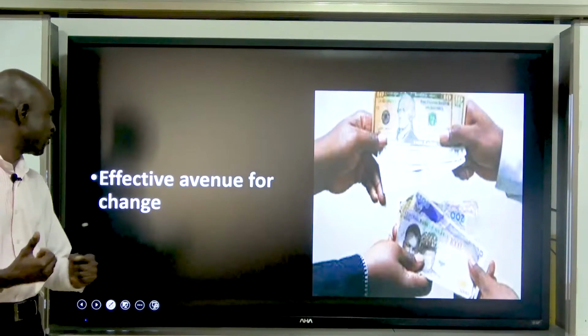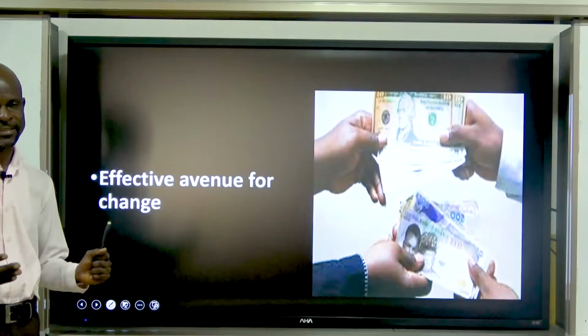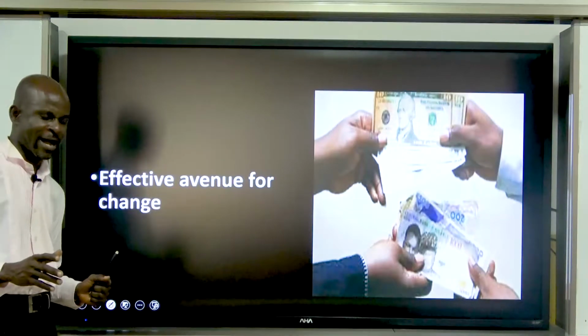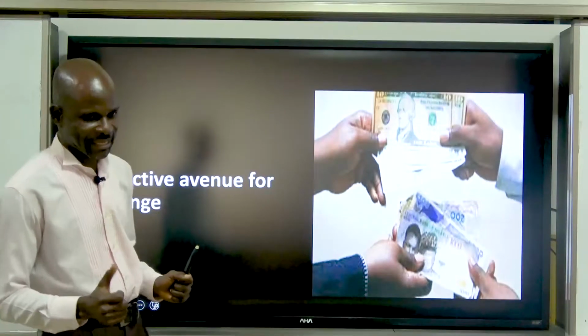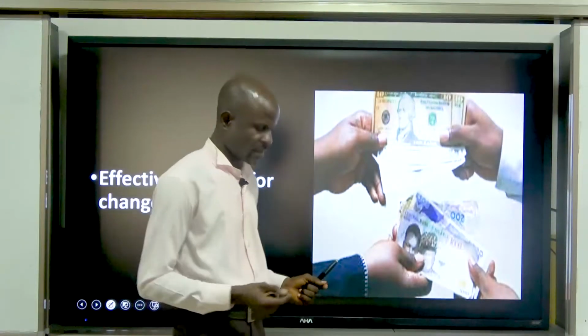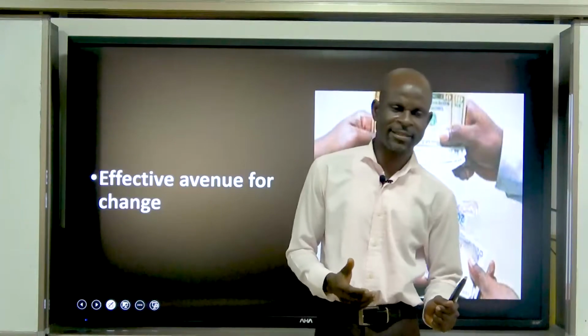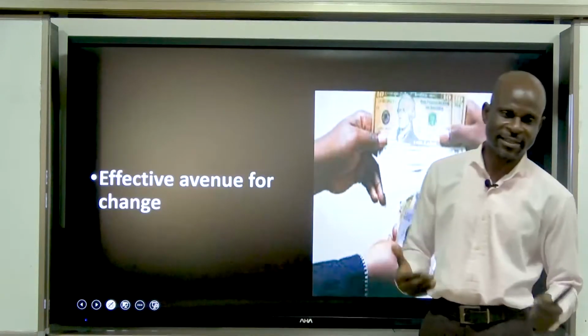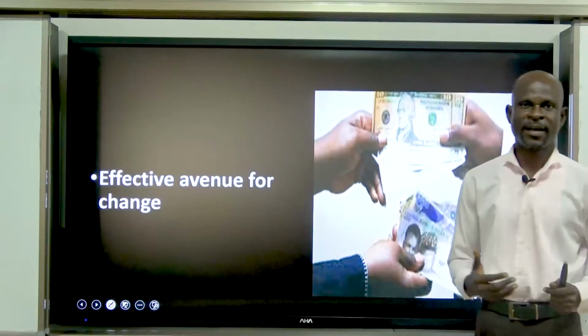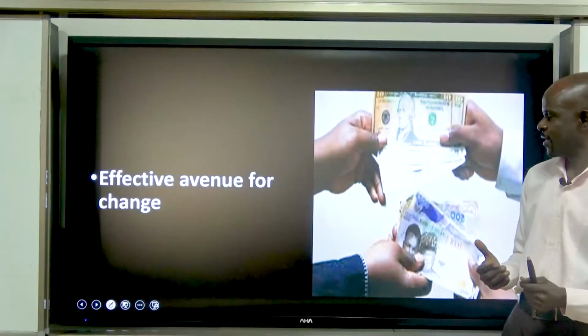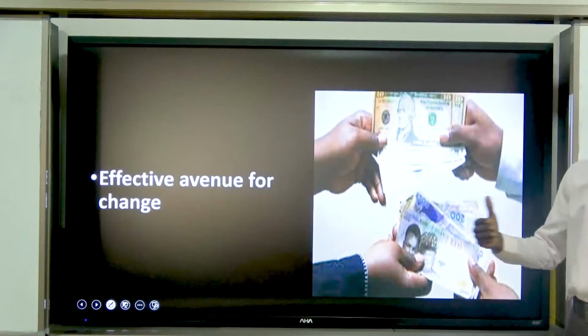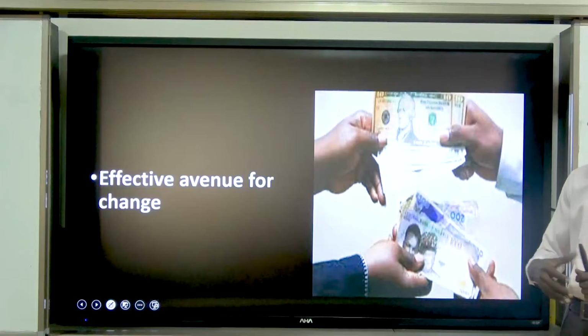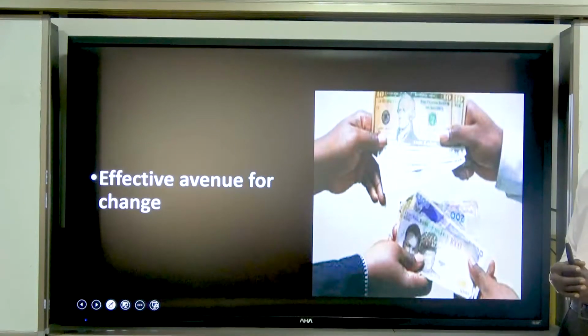There will be an effective avenue for change. Yes, the group has observed that there are some things going wrong in the society. They have protested, they have made their grievances heard, they have compromised. They have the society in mind in everything they do.